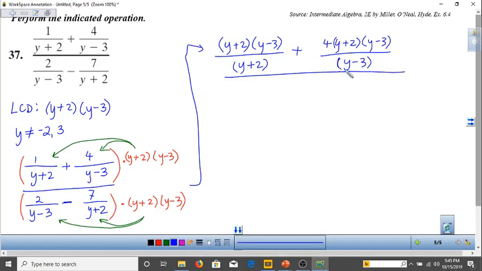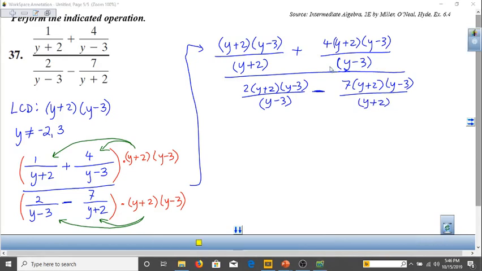Then we have 2 times y plus 2 times y minus 3 over y minus 3, plus negative 7 times y plus 2 times y minus 3 over y plus 2. And now we can start canceling like terms, common factors. Cancel, cancel, cancel.